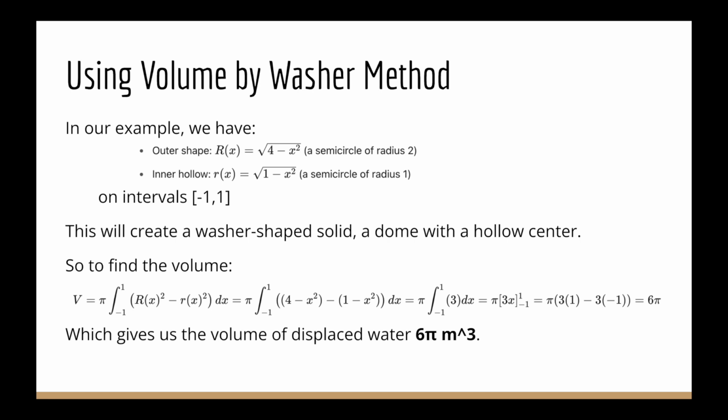Now we'll be using the volume by the washer method. For our example, we have the outer shape r of x equal to the square root of 4 minus x squared, which gives us a semicircle with a radius of 2.